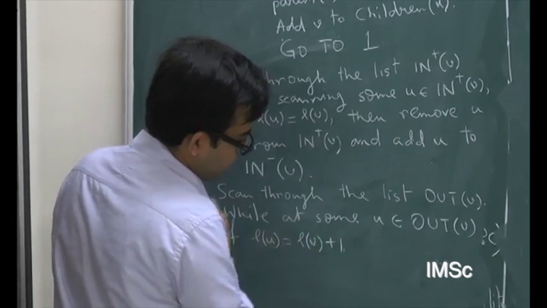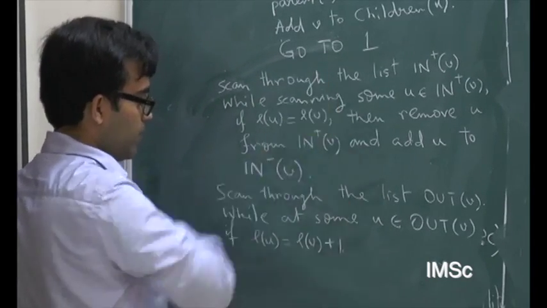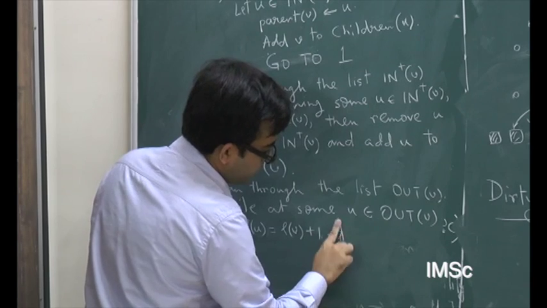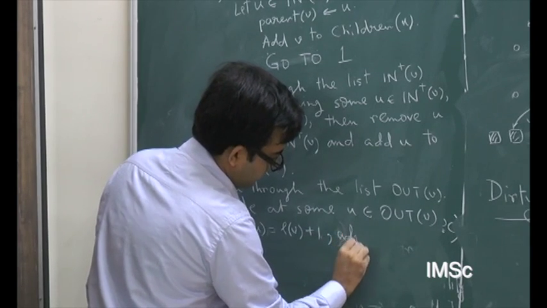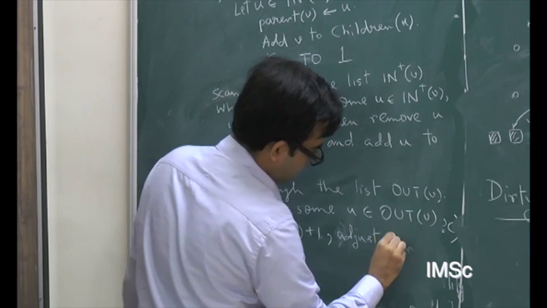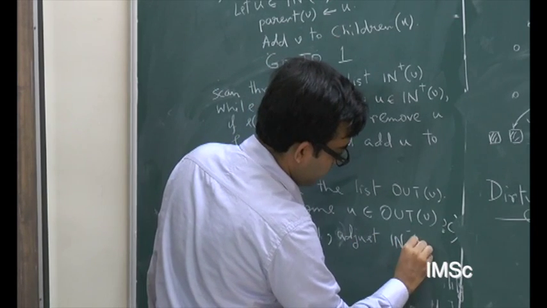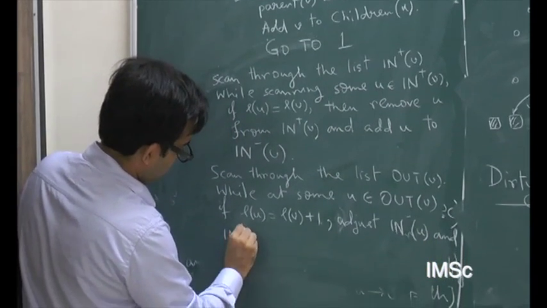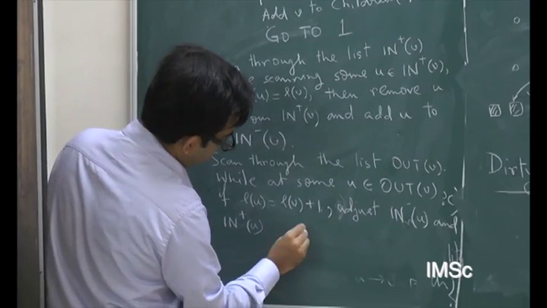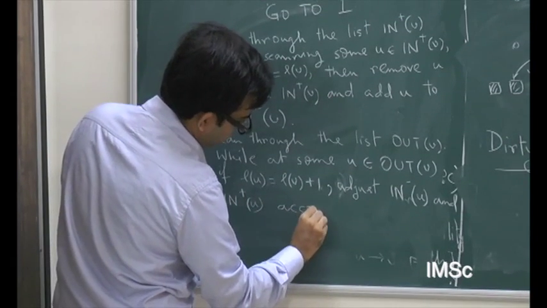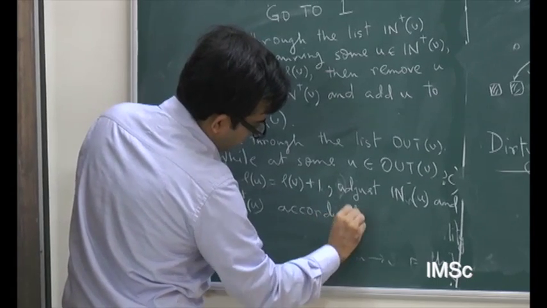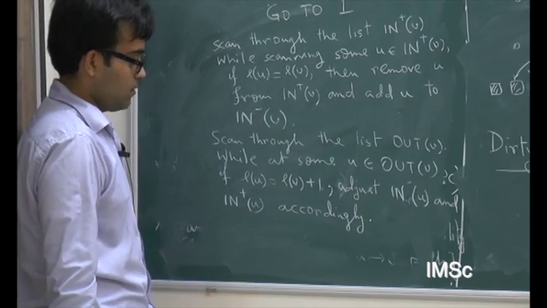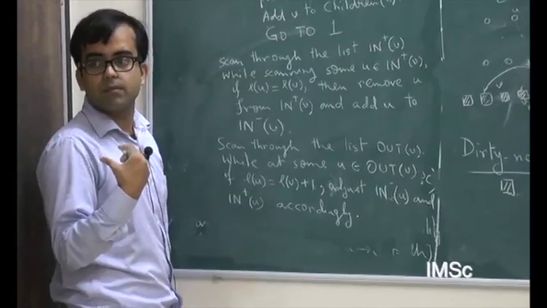If level of U is equal to level of V plus 1, so V was at a level above U, then I am just going to say adjust in minus U and in plus U accordingly. You have to take V from in minus and put it into in plus. Yes.